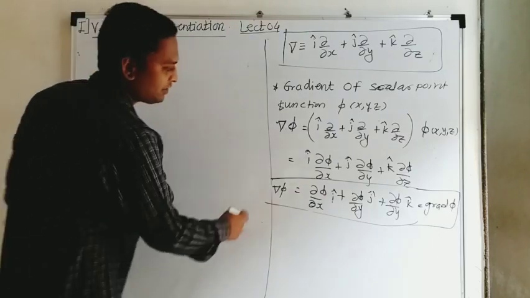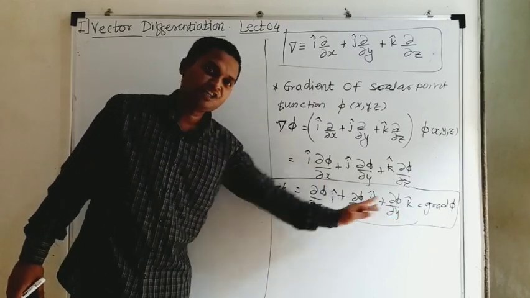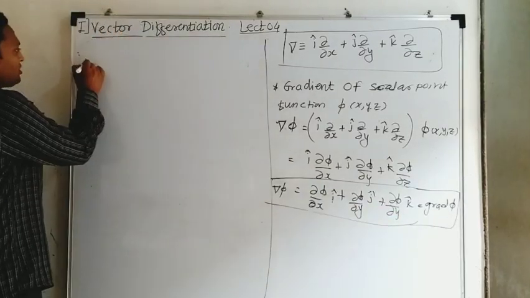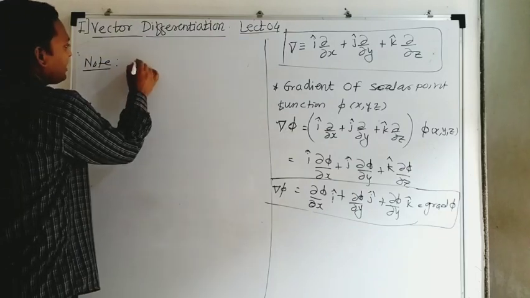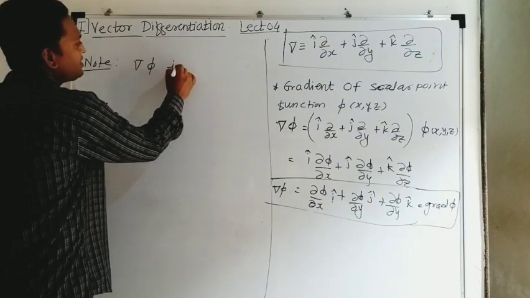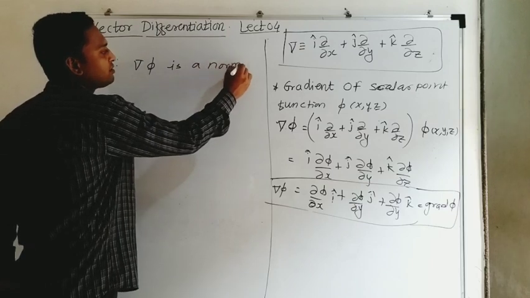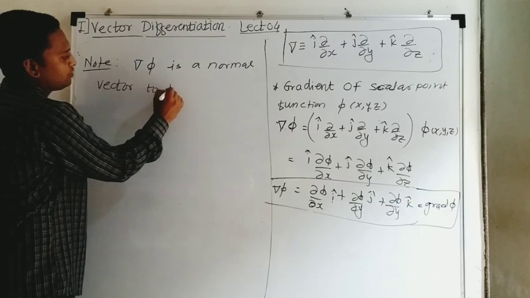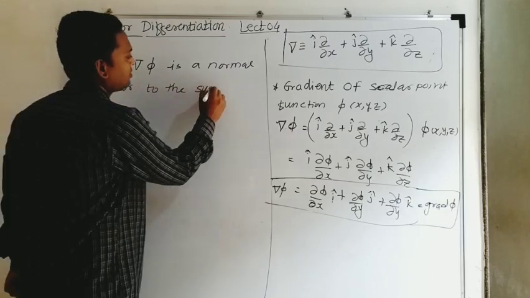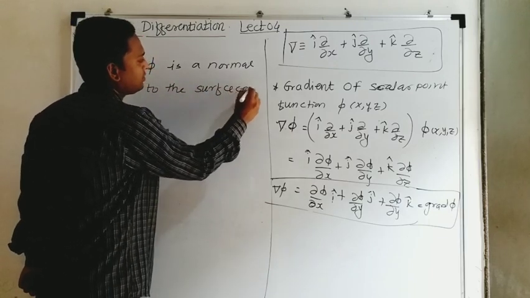This del phi, whatever del phi we have calculated, is a vector in nature. A very important note regarding the definition of grad phi: grad phi is a normal vector to the surface phi.